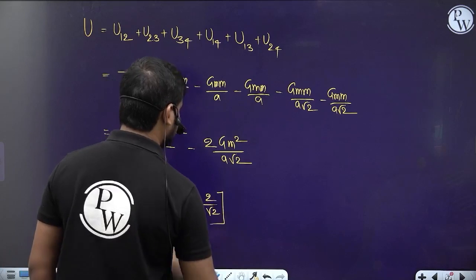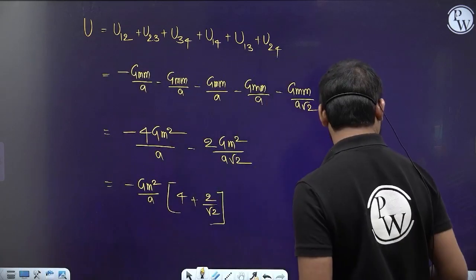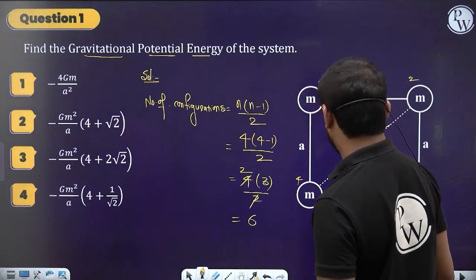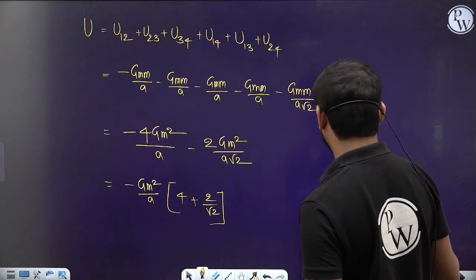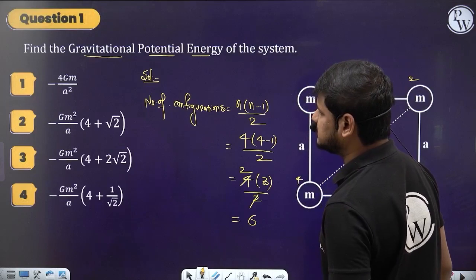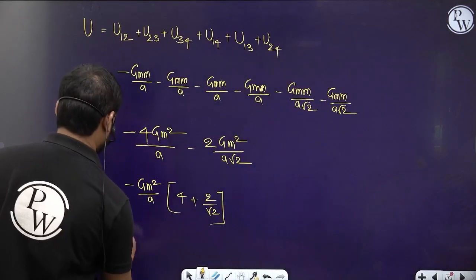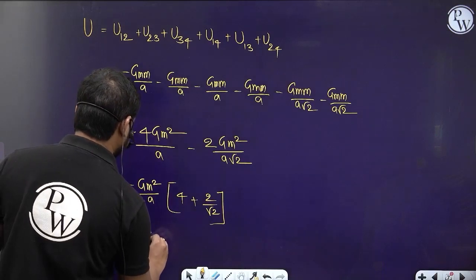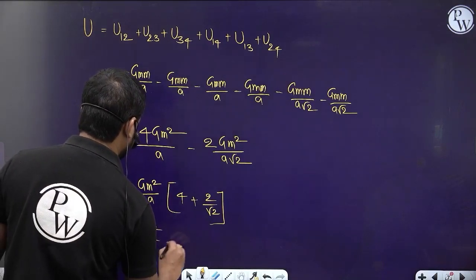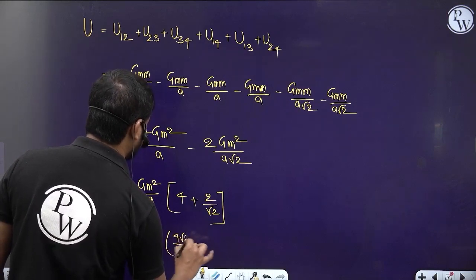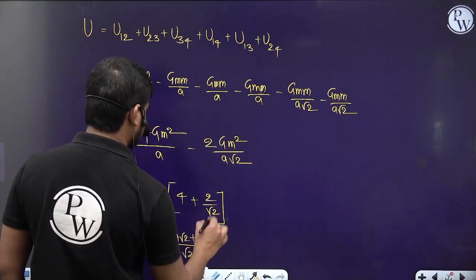Is there any option like this? See here, minus G m square by A into 4 plus 1 by root 2, no. So let's take the LCM. Minus G m square by A into, root 2 is the LCM, so this will be 4 root 2 plus 2.